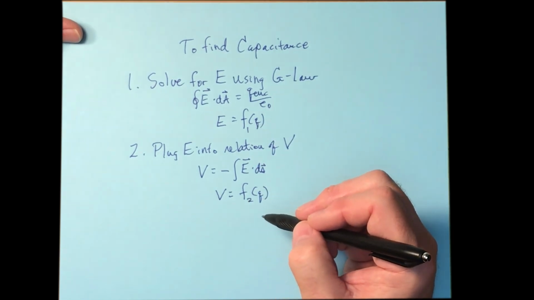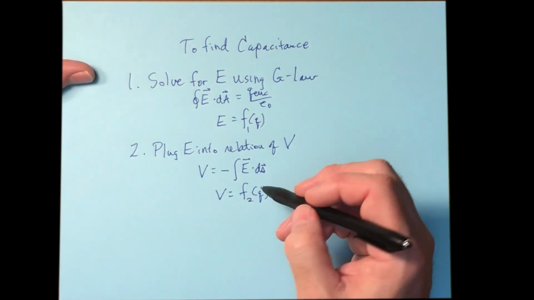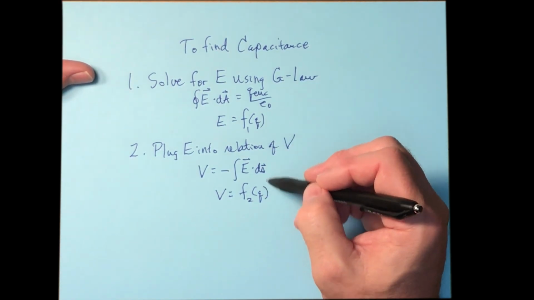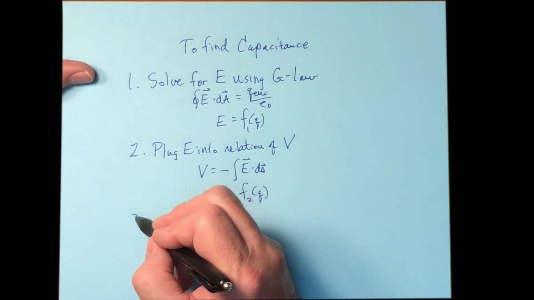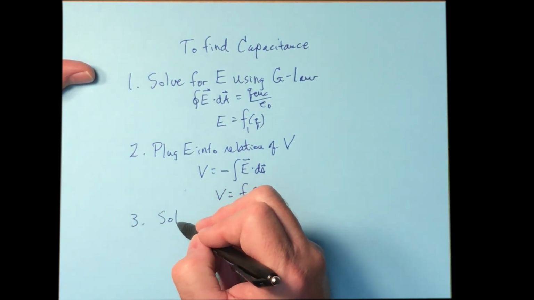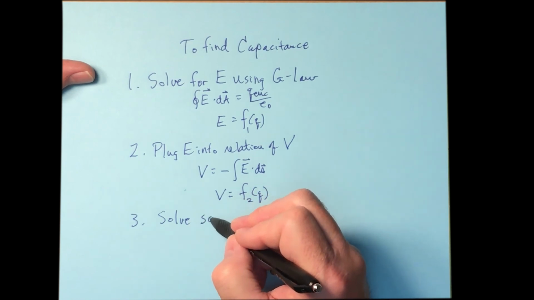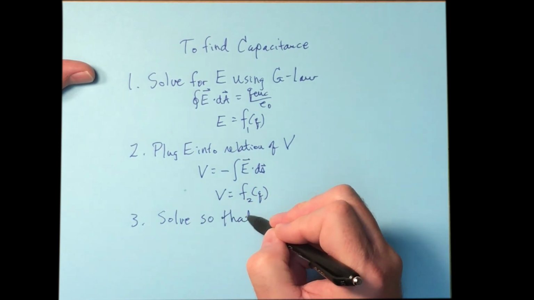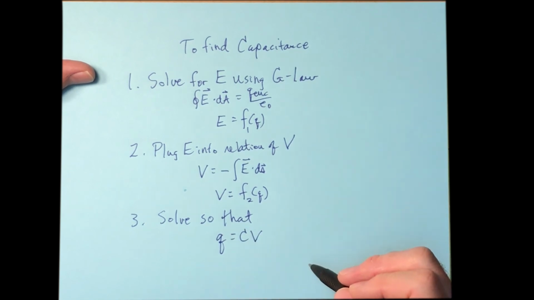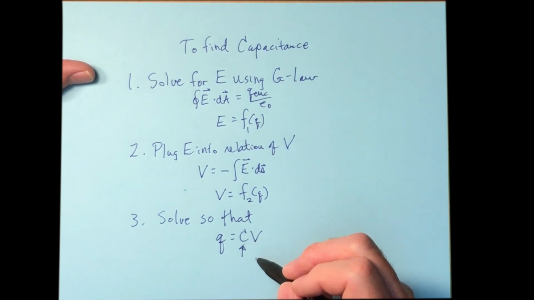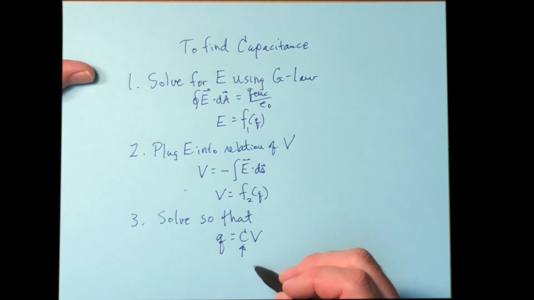You solve these so that you can set up the equation Q equals C times V. And what is in between the Q and the V, that is the capacitance. That's what you would solve for.